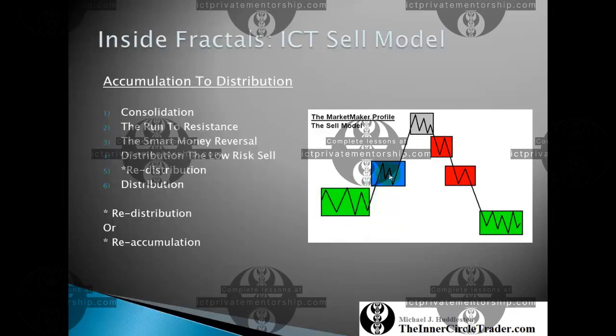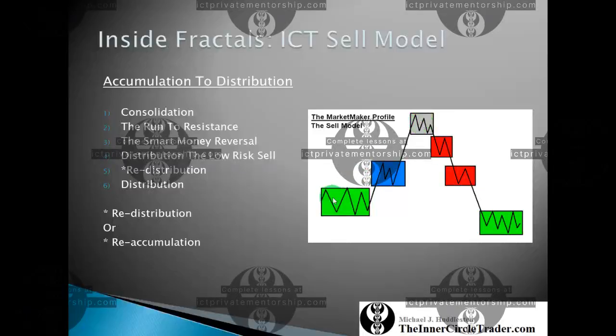The market will move into the run to resistance. Okay, and then the next stage is the smart money reversal. So any longs that they would have accumulated in here or hedged on a larger time frame position, maybe this is a short bear market, and they would have accumulated some long positions to hedge during an anticipated move higher that would set up a longer term additional selling point where they could get more short positions in the marketplace for their longer term trade lower.